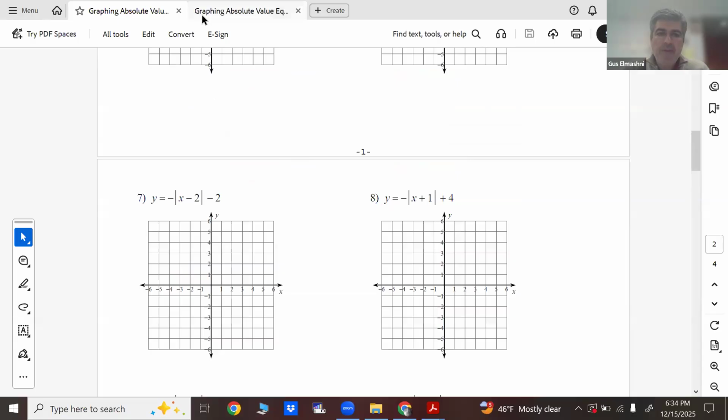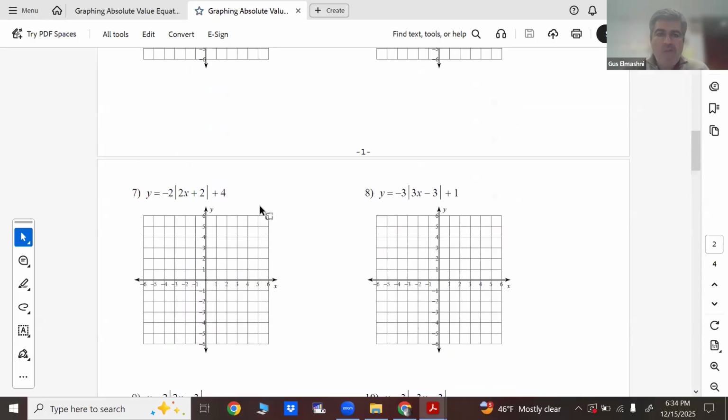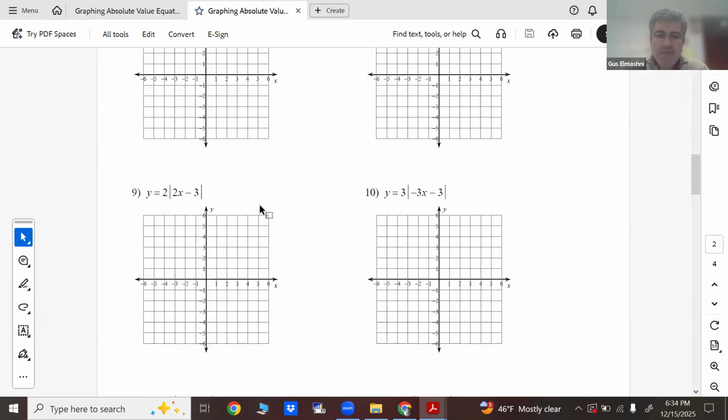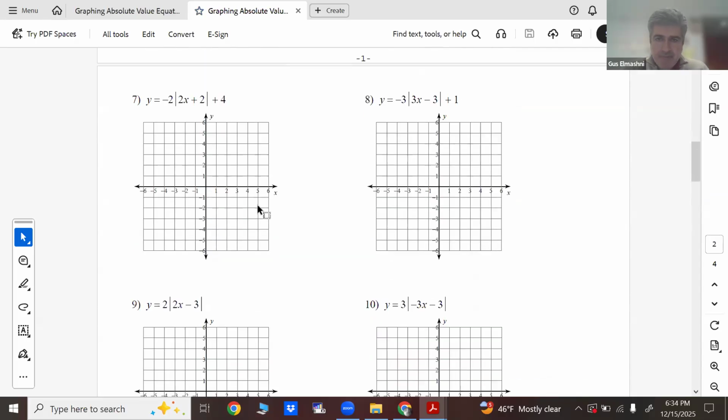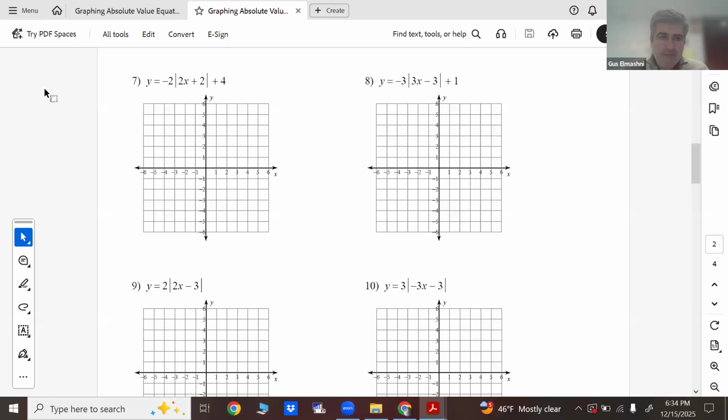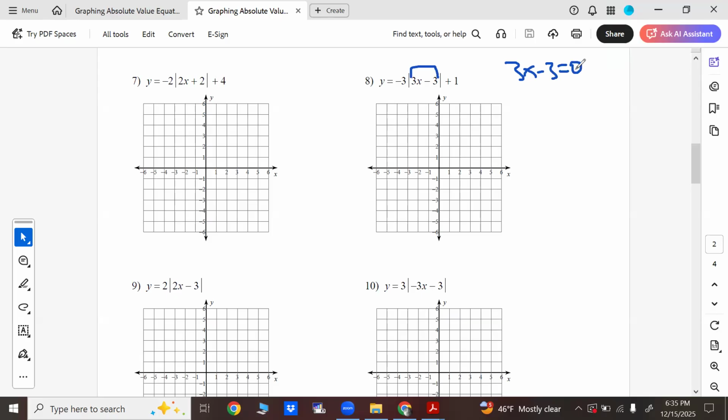Now let's do more advanced ones. So 3x minus 3 equals 0. You want to solve for x.